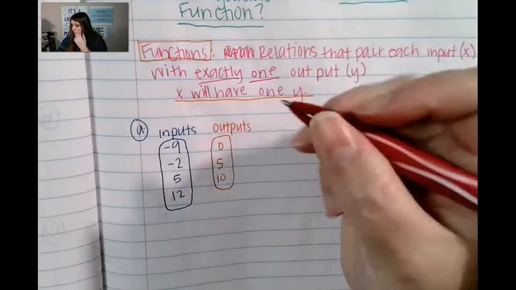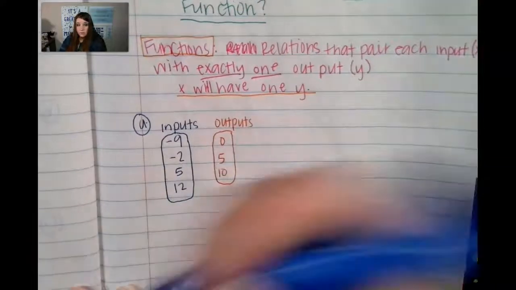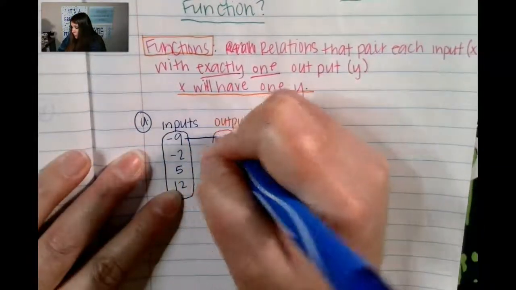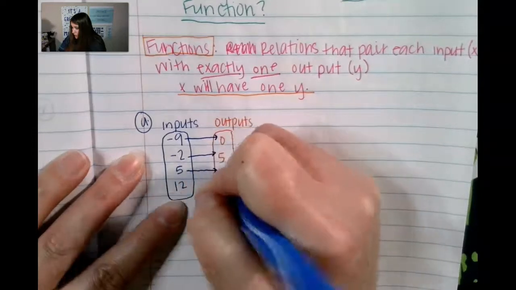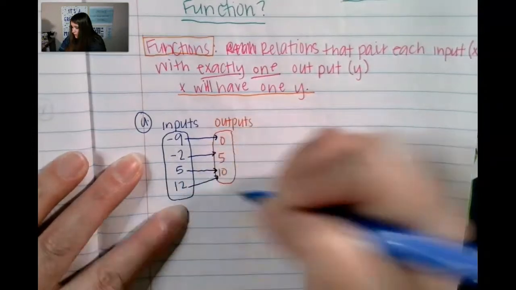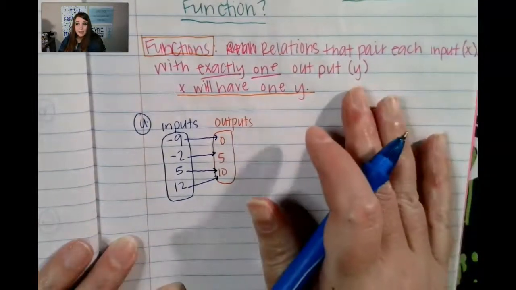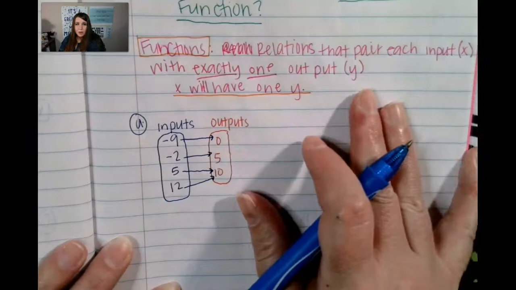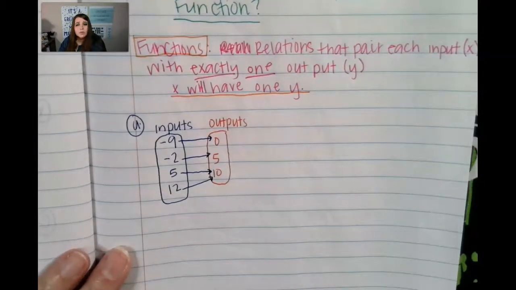And yesterday, if you remember, we took these and we used the arrows to create some ordered pairs. So in this mapping diagram, it looks like this. And our job is to determine, is this a function? And how do we know that it's a function? So we're just going to look at our x values.